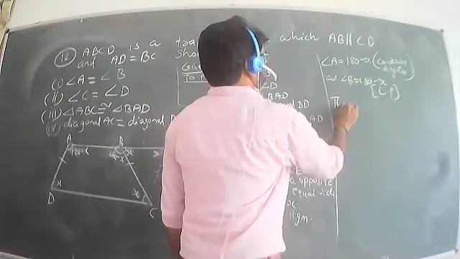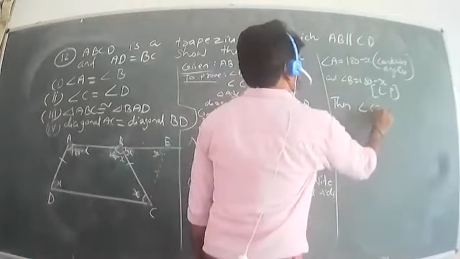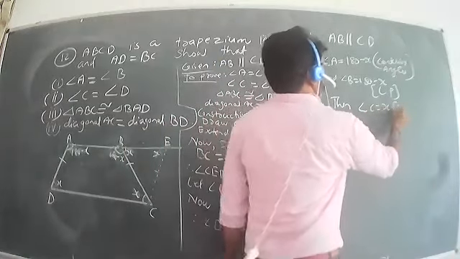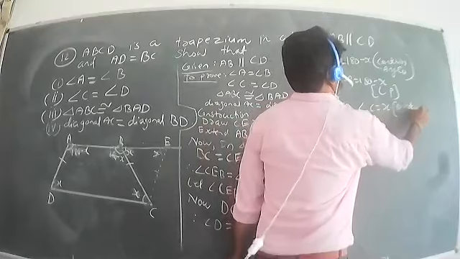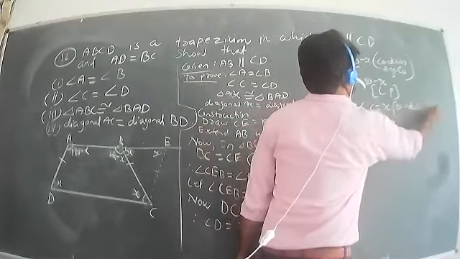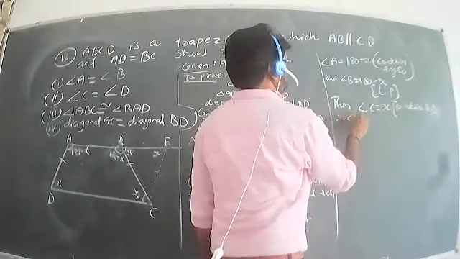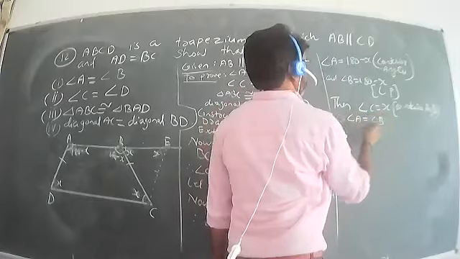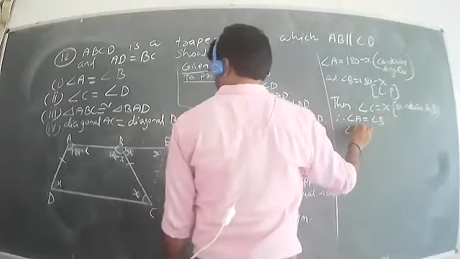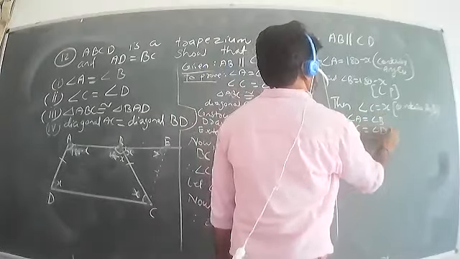Therefore, then angle C equal to x, reason co-interior angle. So we have proved that angle A is equal to angle B, angle C is equal to angle D.